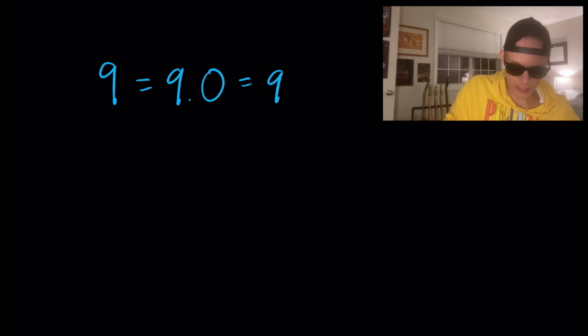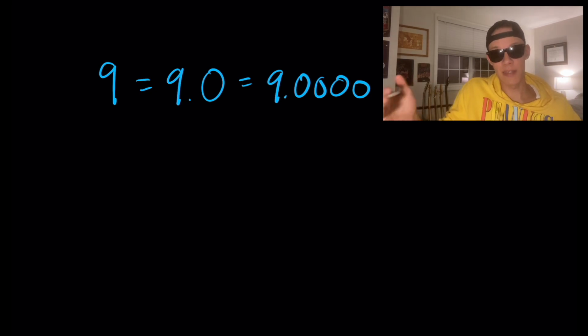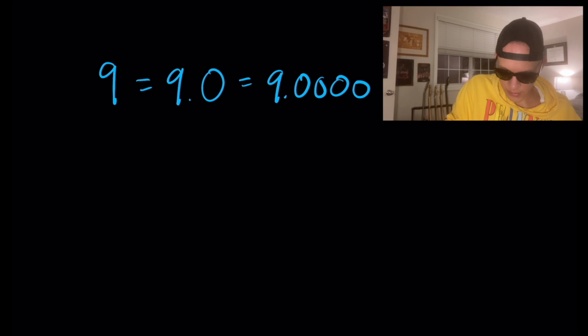I want to take a quick second to remind you that if I have a number like 9, I can express that with a decimal by just writing it as 9.0, or I could write it as 9.00, however many zeros at the end. To put it in decimal form, just stick some zeros at the end of it.